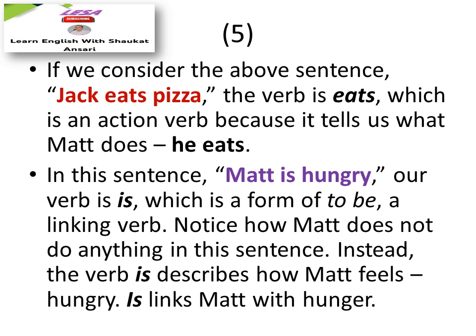Notice here how Matt does not do anything in this sentence. Instead, the verb is describes how Matt feels. He feels hungry. Here is a linking verb and it links Matt with hunger.